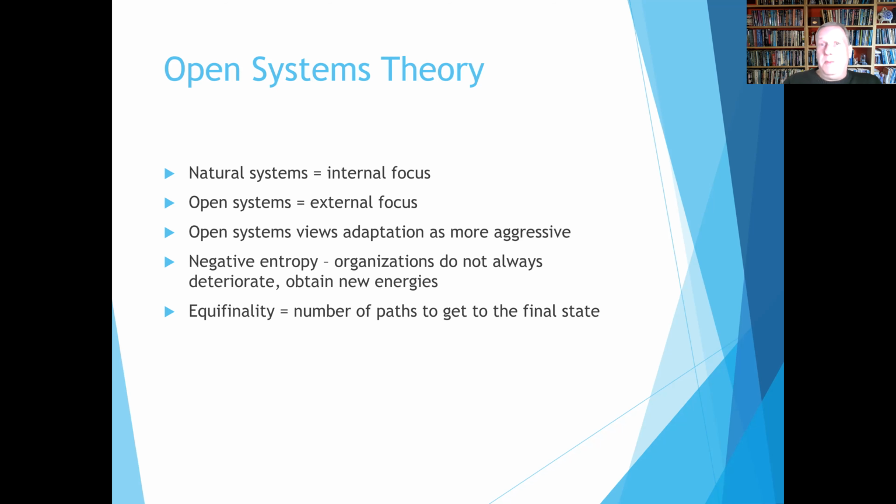The important thing about open systems theory is that in achieving that balance, there are multiple paths, multiple different ways that organizations can achieve it. Different organizations will take different paths to achieve balance with their external environment.